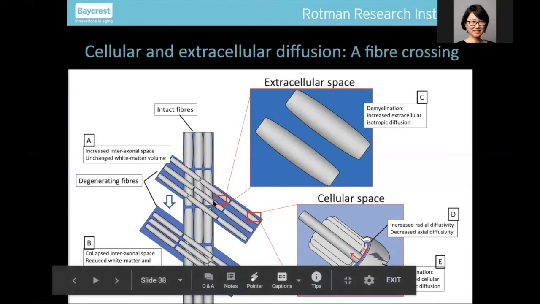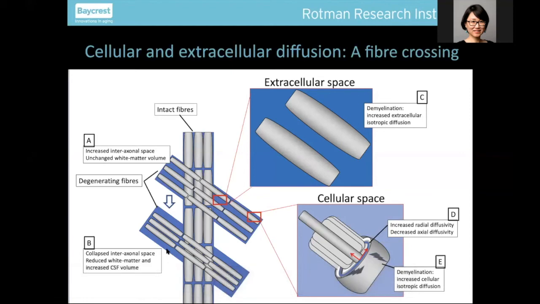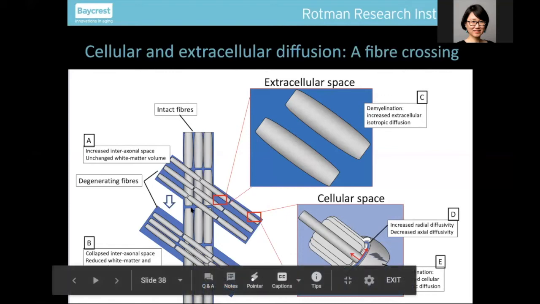Whereas once there is a time point sometime down the road where the interstitial fluid can exit from that interaxonal space into the CSF, then you would see white matter shrinking happening, but not before that, right?